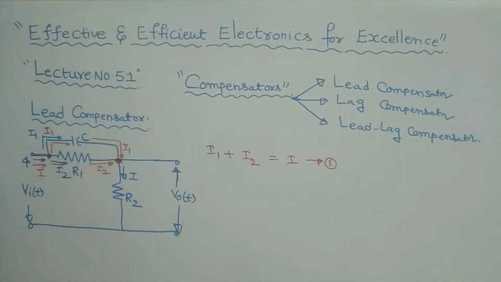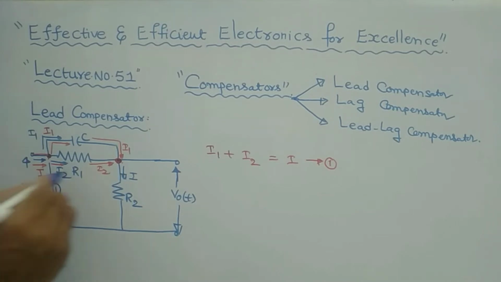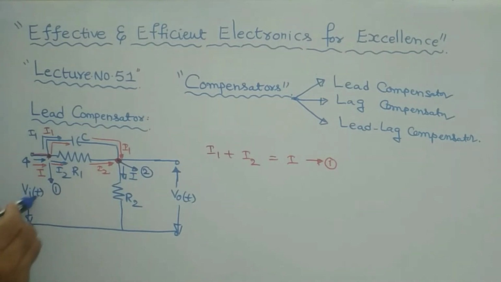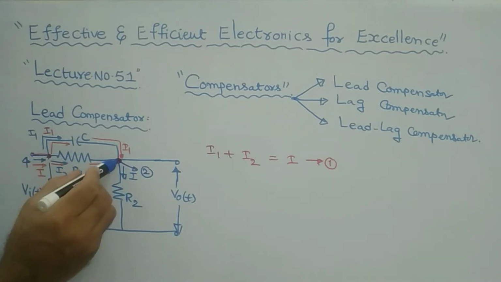Okay, this is the current equation using KCL. Now, what is I1? I1 is the current flowing through the capacitor. This capacitor is connected between two nodes, node 1 and node 2. At node 1 the voltage is Vi of t itself, at node 2 the voltage is V naught of t. Clear?